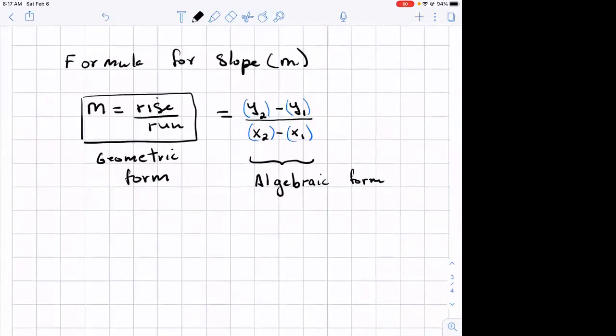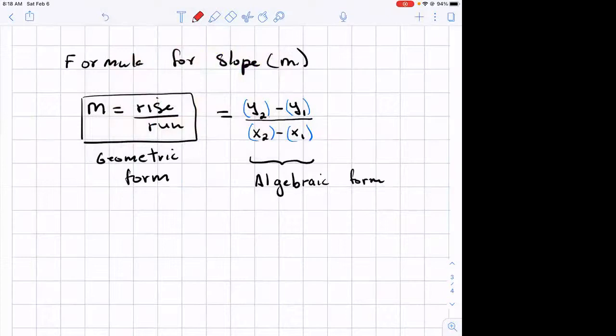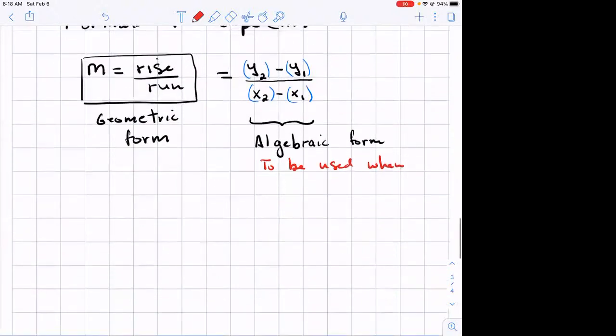We use the algebraic form when points are given to us. Okay? So, to be used when 2 points are given. And we use the geometric form when we have the graph. Okay? Slash picture.